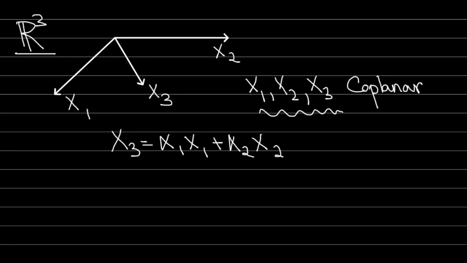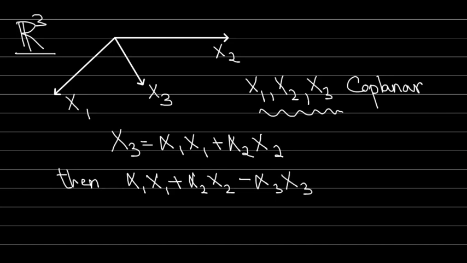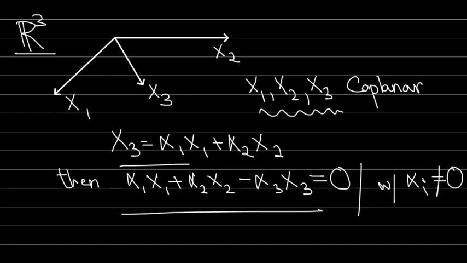And so if that's the case, then we have alpha 1 x1 plus alpha 2 x2 minus alpha 3 x3, that is equal to 0. But with alpha I is not equal to 0. And so you can see that from these two expressions over here.